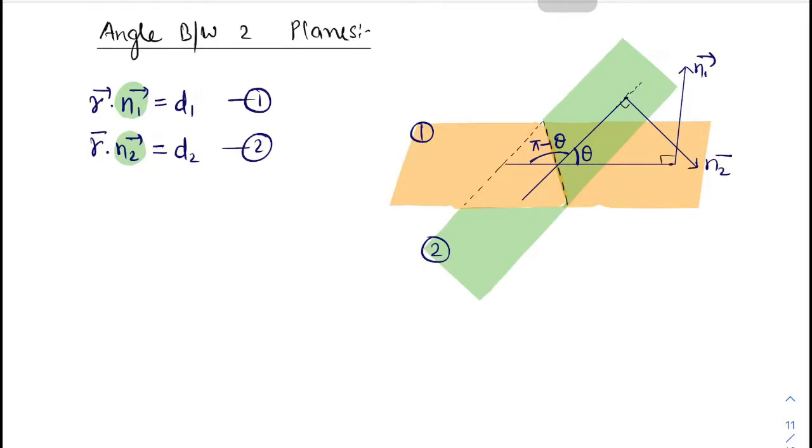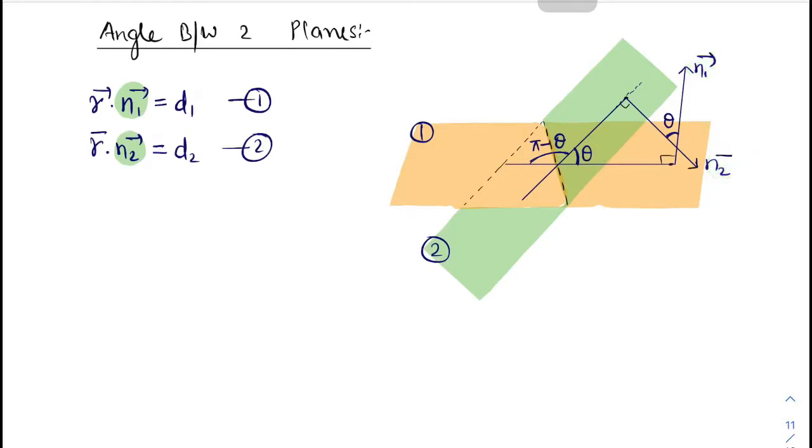So you can clearly visualize here that n1 and n2 are both perpendicular to their respective planes 1 and 2, so whatever will be the angle between these two normal vectors, n1 vector and n2 vector, will be the angle between the planes themselves.